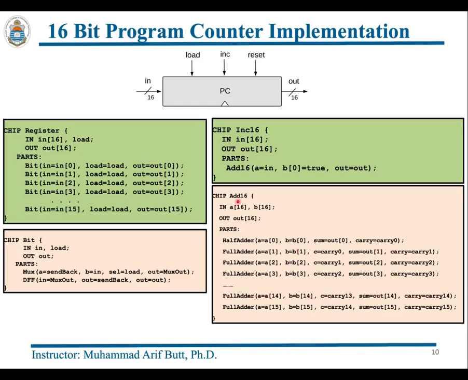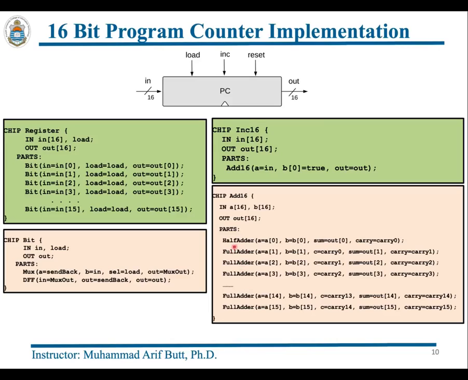And this Add16 chip actually adds two 16-bit numbers and generates a 16-bit output. The implementation part of this Add16 chip shows that it uses a half adder chip to add the two least significant bits of these two numbers A and B, and 15 full adder chips to sum up the remaining 15 bits of the two input numbers.